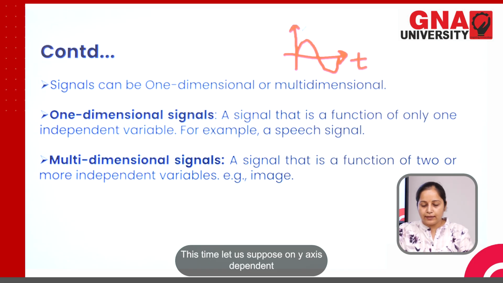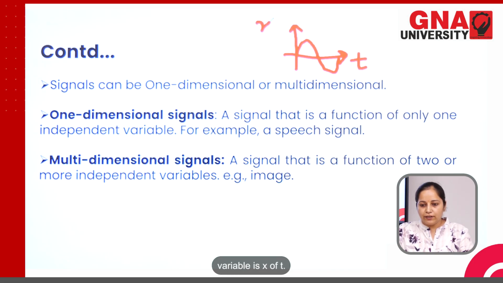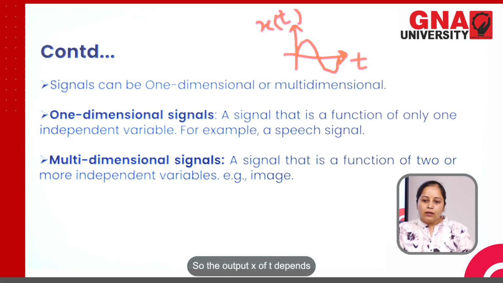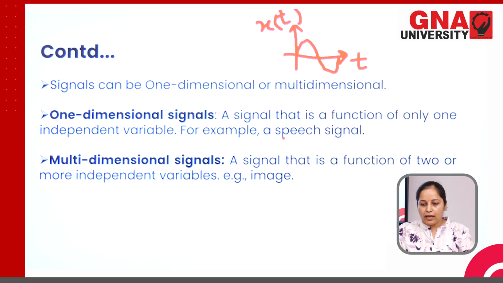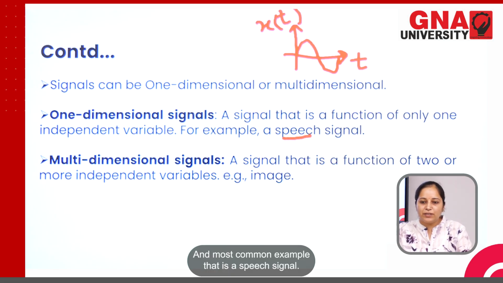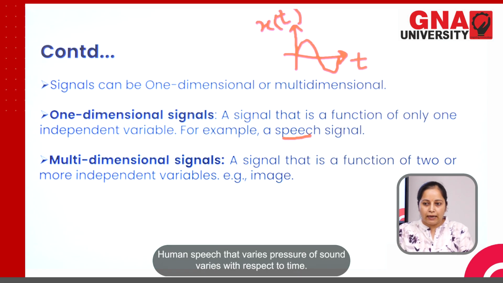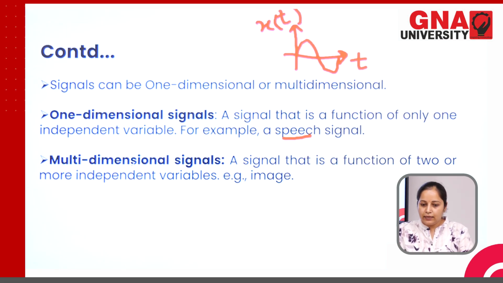Let us suppose on the y-axis the dependent variable is x of t. So the output x of t depends on time t and varies with respect to time. This is an example of a one-dimensional signal, and the most common example is the speech signal, human speech, where pressure or sound varies with respect to time.